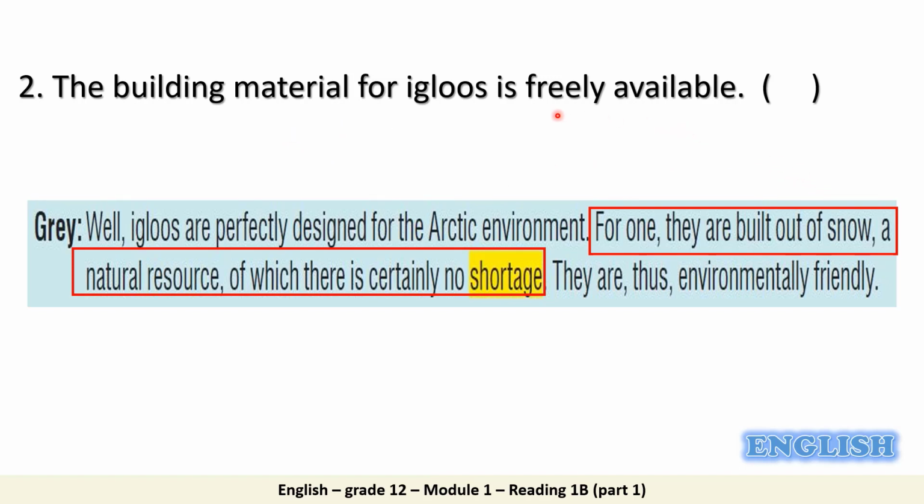And in here we have freely available, and here we have there is certainly no shortage, so it is available and we can find it in big amounts. So this makes this statement, yes, wonderful, it is true.